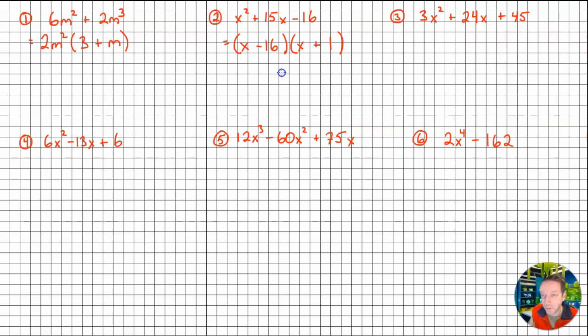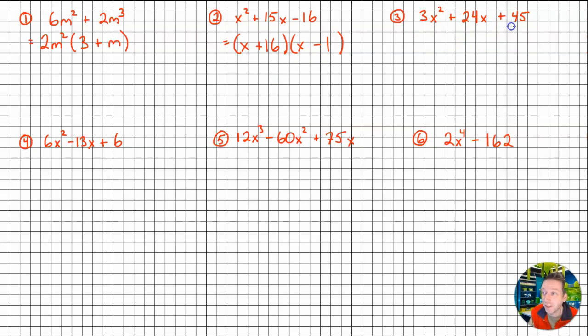In this case, no. They would add to give negative 15. So why don't we try positive 16 and negative 1? Does this work? This one does work. So 16 times negative 1 gives us negative 16, and when we add them together, we get 15.